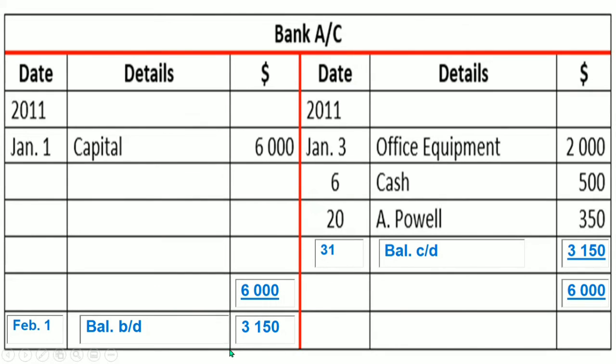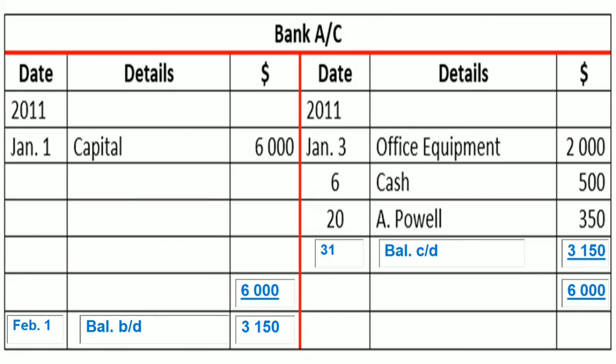Outside of that, the bank account can carry a credit balance. If the bank account carries a credit balance, meaning the balance brought down falls on the credit side, it means that the business has withdrawn more than what is in its bank account located at the bank. So therefore, it is now owing the bank that extra value that was withdrawn.